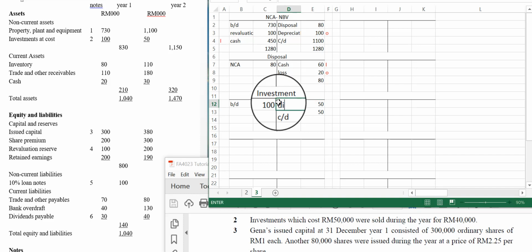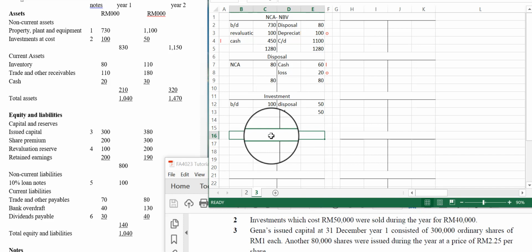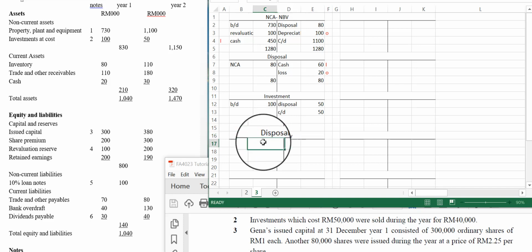Go to the disposal account. Here you have a disposal of 50,000 from your investment, but the question mentions it was sold for 40,000 cash. You only receive 40,000, which means that you make a loss of 10,000 here.